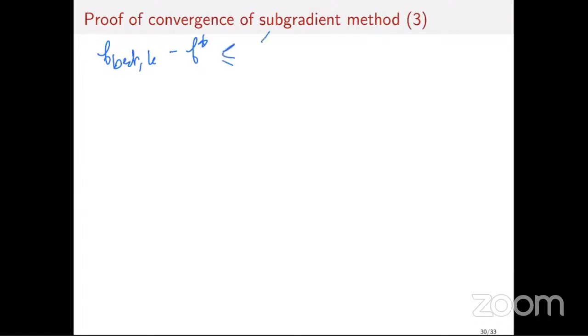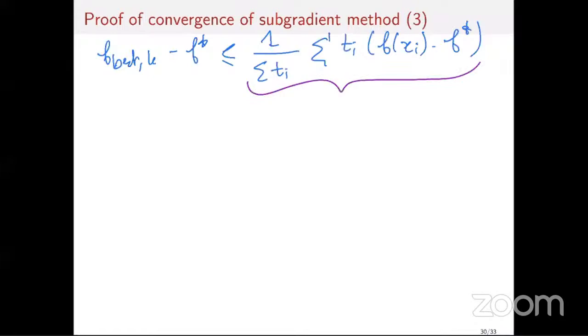So this is less than 1 over the sum of ti times the sum of ti f of xi minus f star. This is a weighted average of the f of xi minus f star.